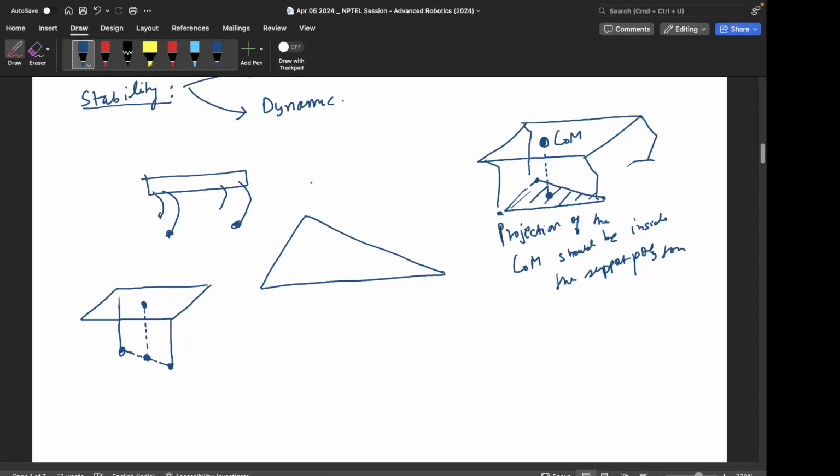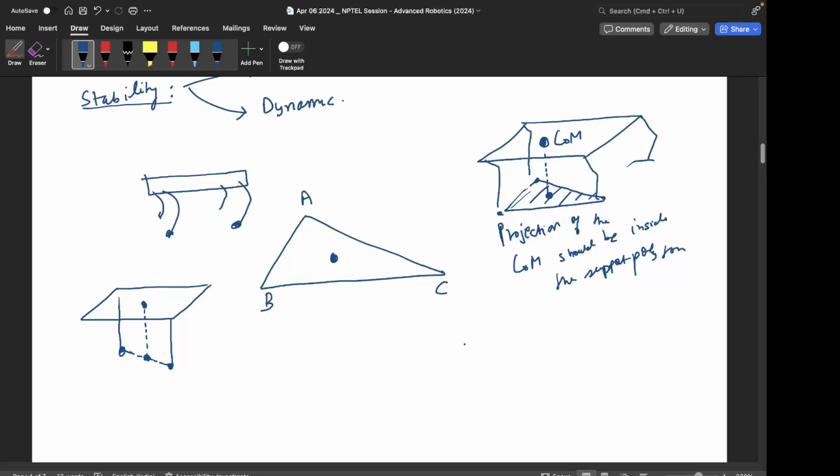if this is a support polygon, let's say a triangle A, B, C, and the center of mass projection lies here, right? Now there are different criteria derived in order to quantify how stable that configuration is, right?